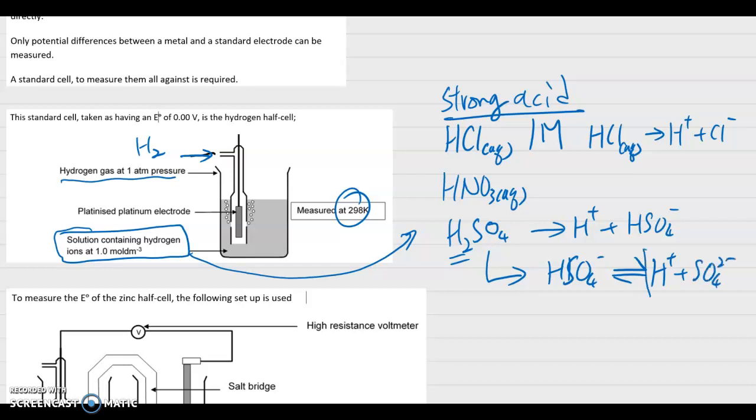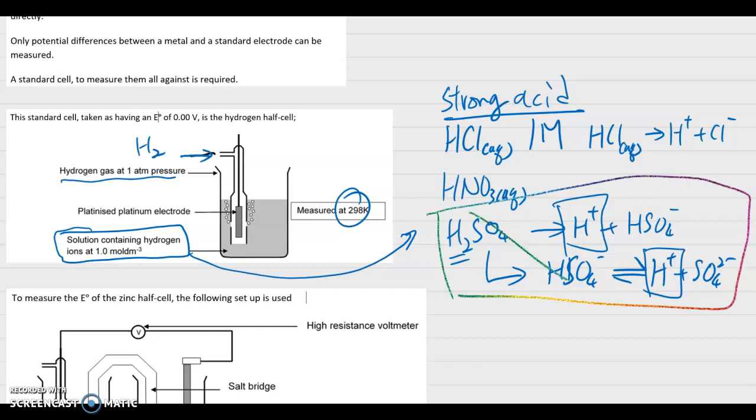This amount of hydrogen ion is not comparable with the originally completely ionized hydrogen ion. So even if we have 0.5 molar of sulfuric acid, it does not look like a good solution to use. So we simply cross it out.